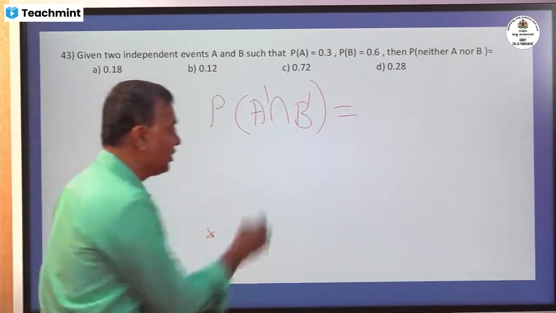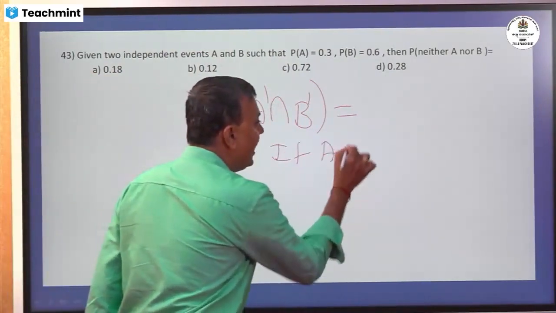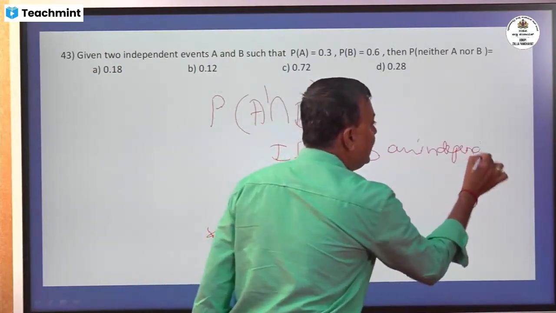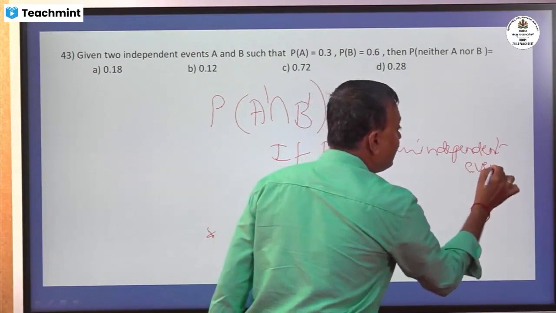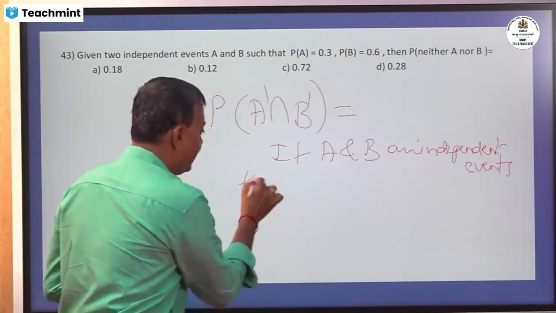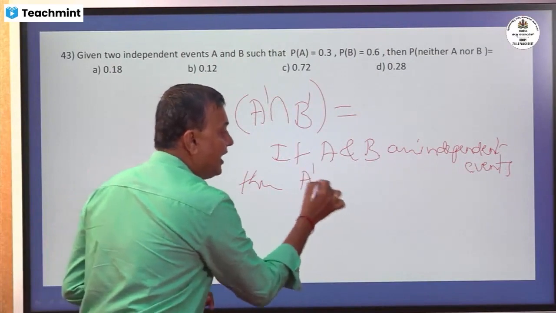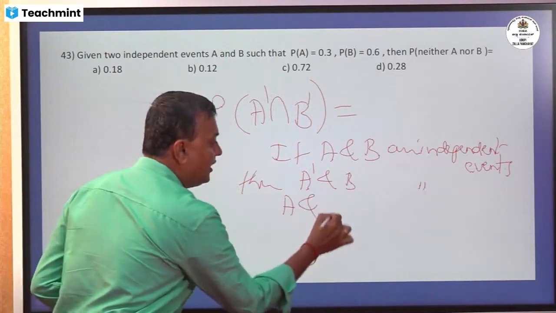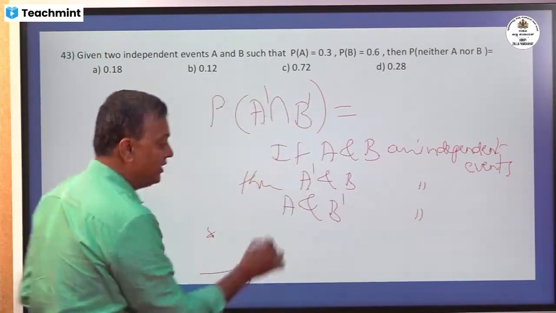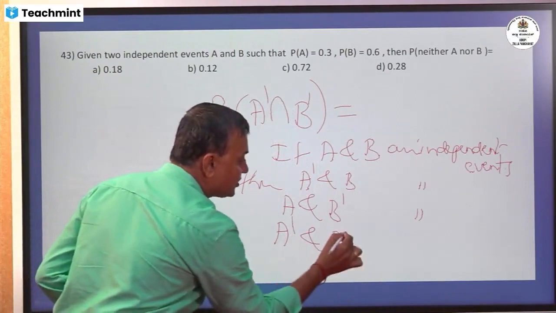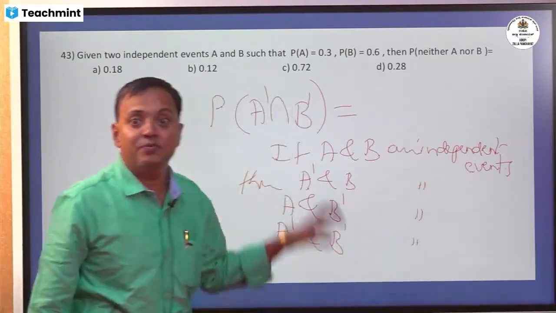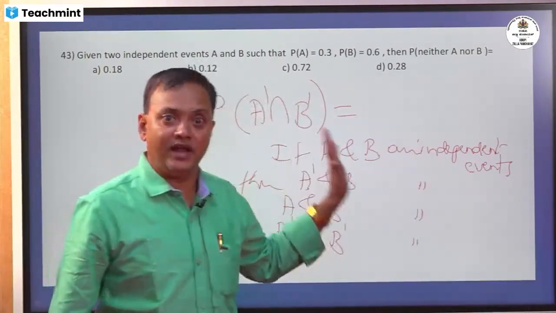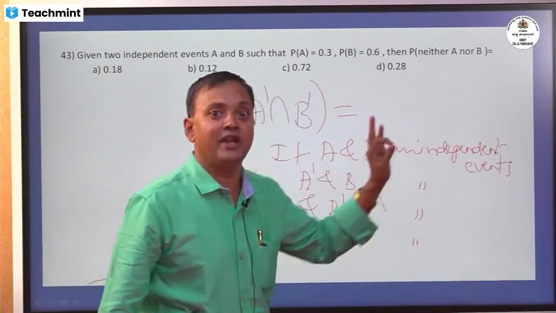So you should know this result: if A and B are independent events, then A dash and B are independent, A and B dash are independent, and A dash and B dash are also independent events.